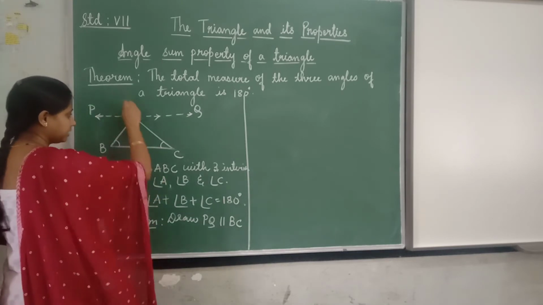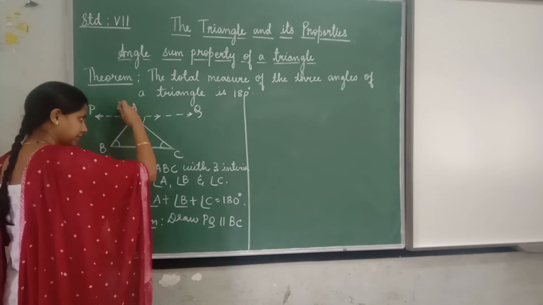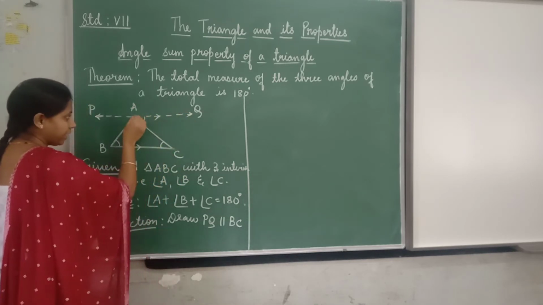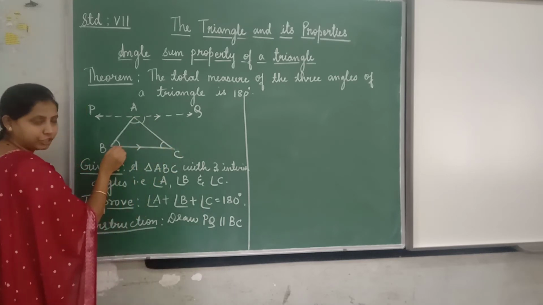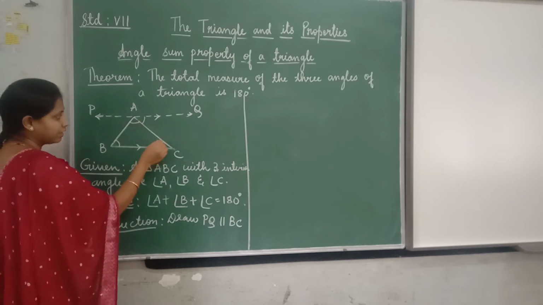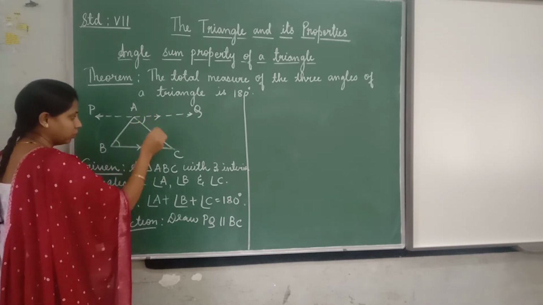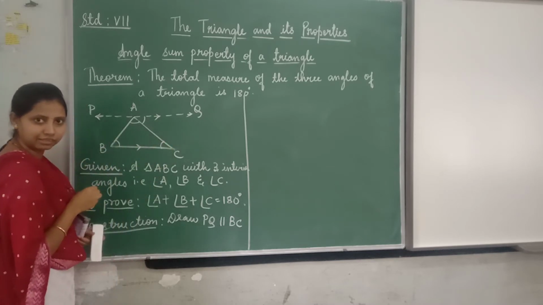With this as a transversal, you can see a Z shape. Alternate angles are formed in the Z shape. So these two angles will be equal by alternate angles.